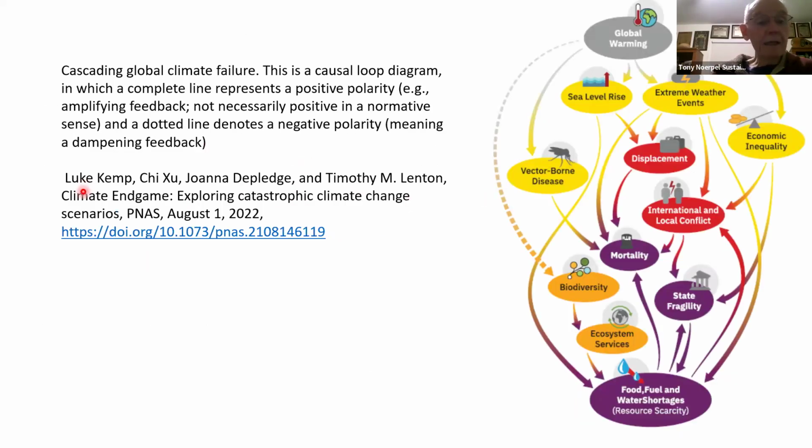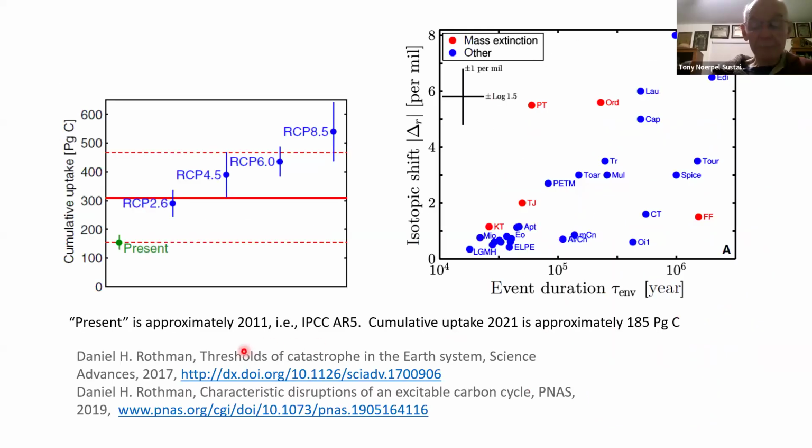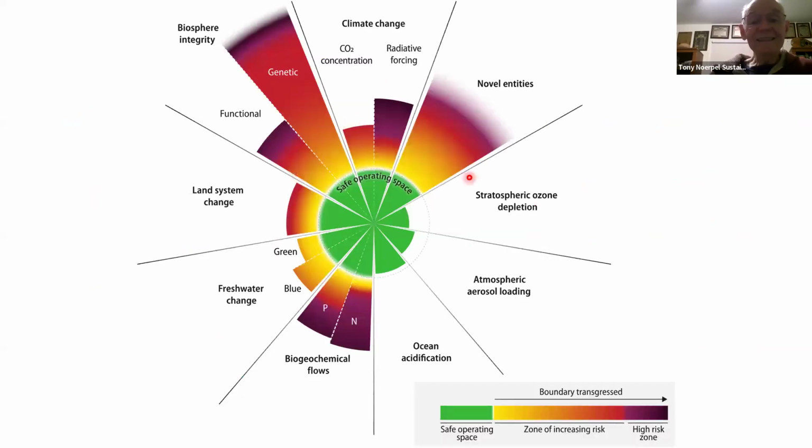This is from the Kemp paper, just a flow chart of what happens. I'll skip this. Well, we're in trouble. This is important. This came out this year, I think in July. These are 9 planetary boundaries.